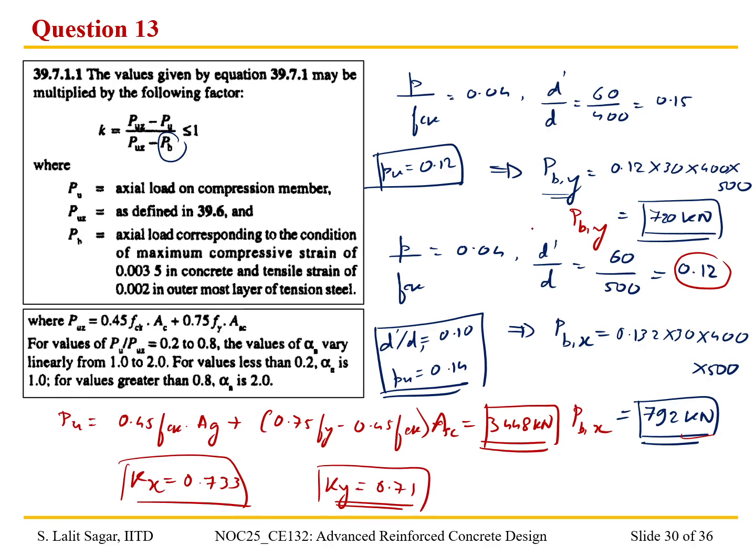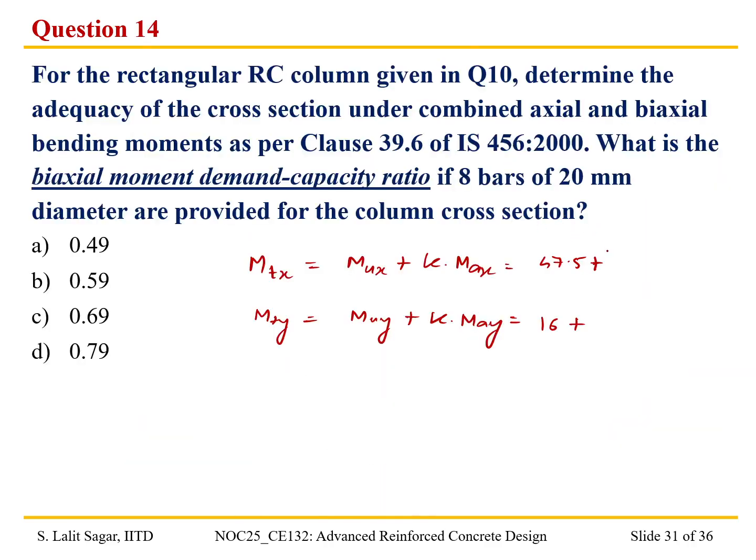So KX is 0.73, 0.71, and we need to substitute. We need to put the expression for the additional moment capacity, right? That is, we have how much?